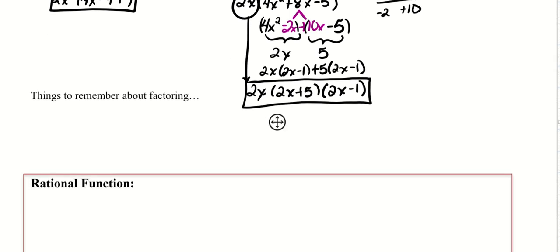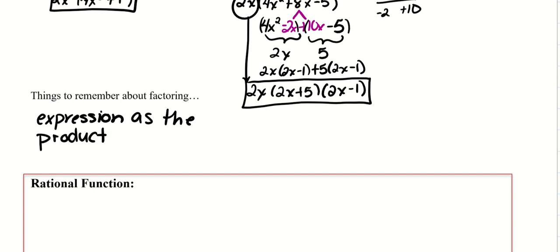So it's important to remember when we're talking about factoring that we're talking about the product. So after we've factored, what you're looking for is you're rewriting an expression as the product of factors. And product, remember, if you're multiplying, the answer is a product. So the expression as a product of factors.